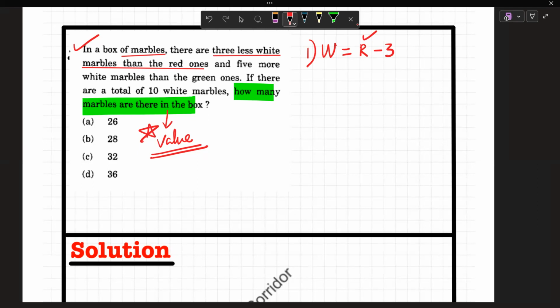It is a bit confusing. So W will be 5 more than green. Clear?